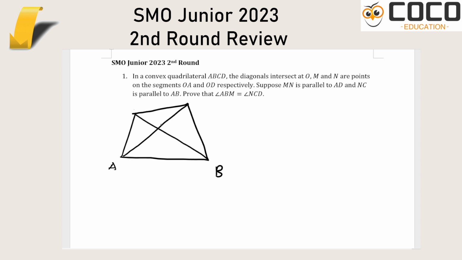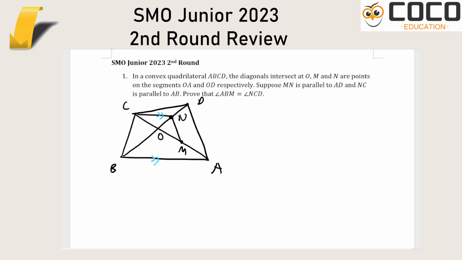Right, so I would like to put N such that NC is parallel to AB. So I've actually done the same kind of drawing, but labeled it differently so that at least that's okay. CN is parallel to AB. Whoops, and of course I realized that I should put my A and B the other way around. That's the correct order. So MN is parallel to AD, M is on OA. So this is my diagram.